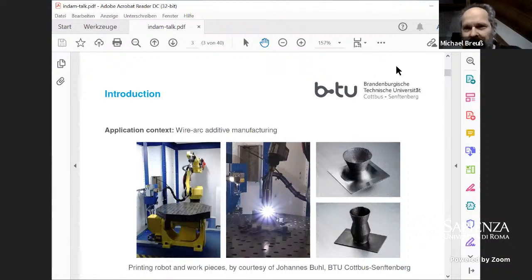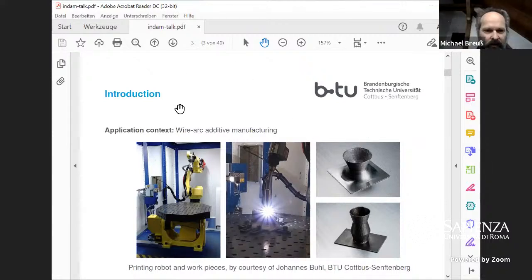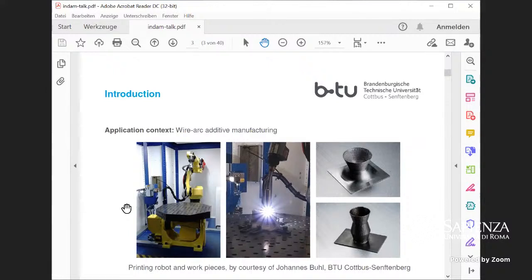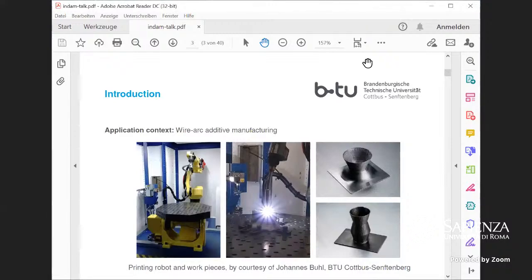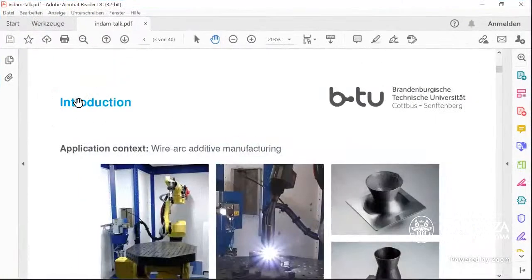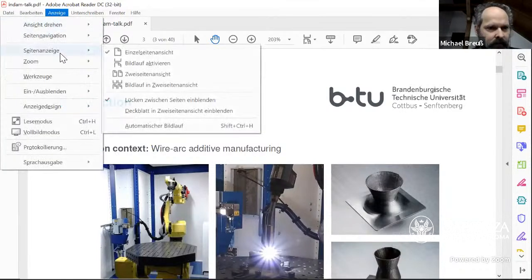So, metallic structures. I hope you see my screen conveniently. Yes, we do. Very good. And your mouse, too. Excuse me, can you insert the full screen? Just a moment, please.